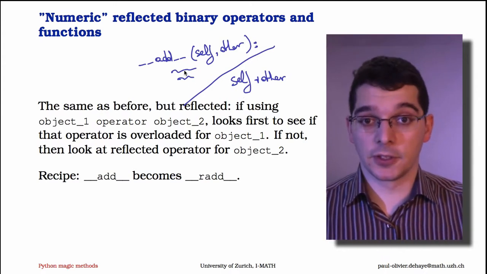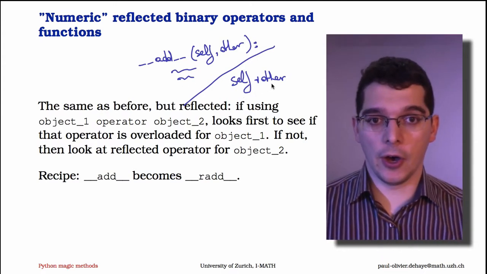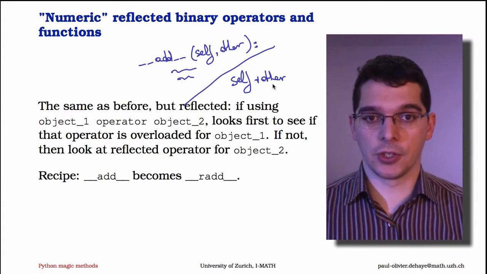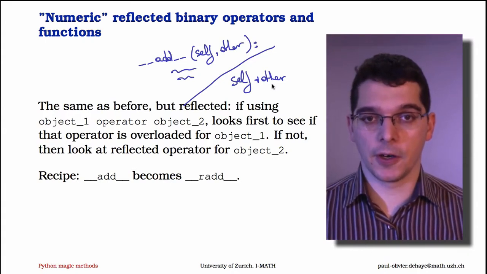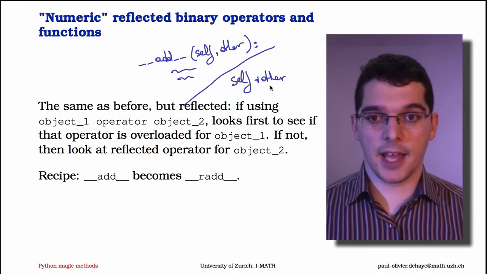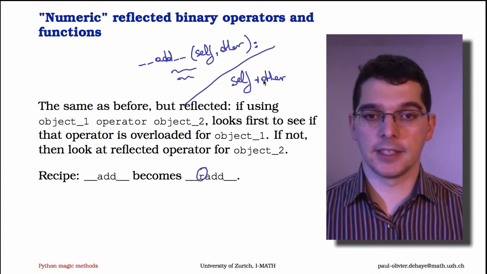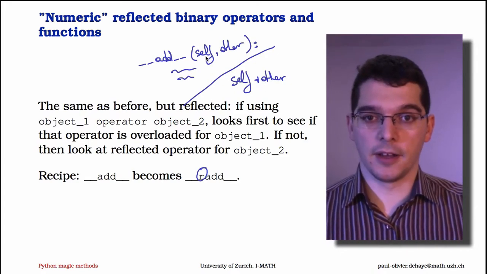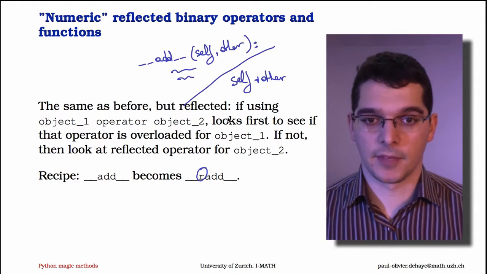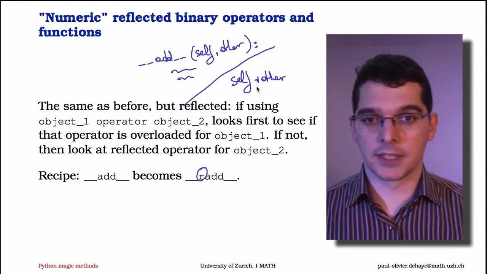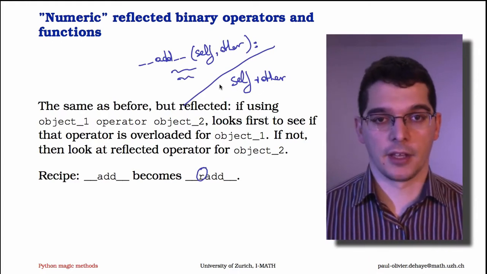But if they don't, then they will look at the class definition of the type of other, and look if it has a method called __radd__, for reverse addition, defined. If it does, then it will use that, swapping the two arguments. So other will become self and self will become other.